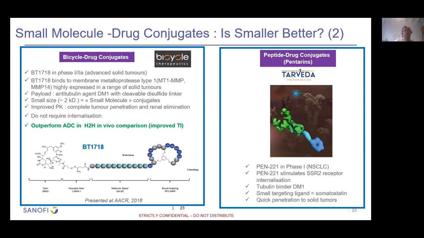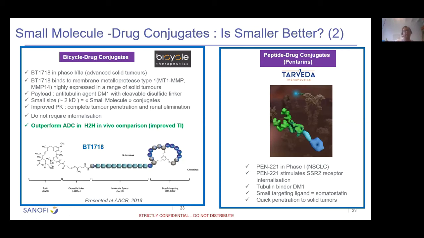And this is a small molecule, since it's about 2 kD of molecular weight. And what is really striking is that it was able to outperform an ADC in a head-to-head comparison that was presented at the EACR meeting last year. So this is something very promising.